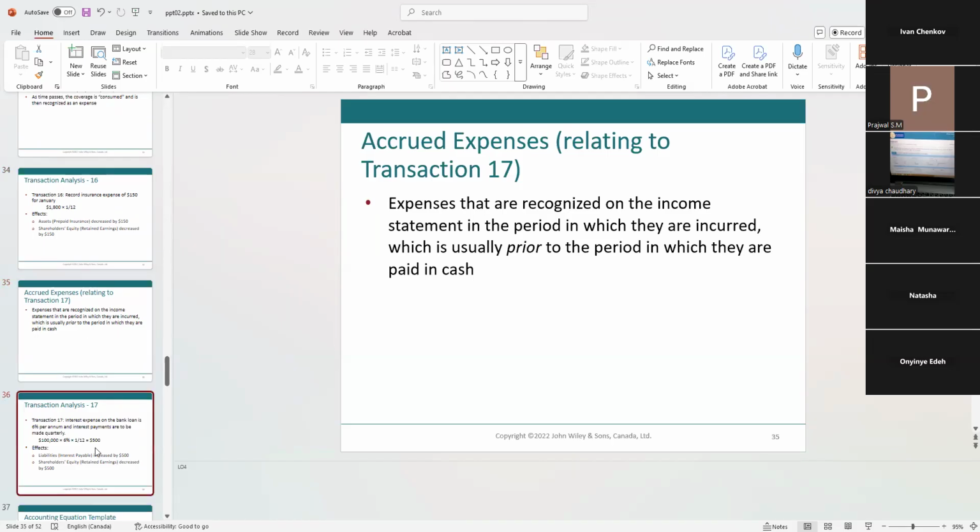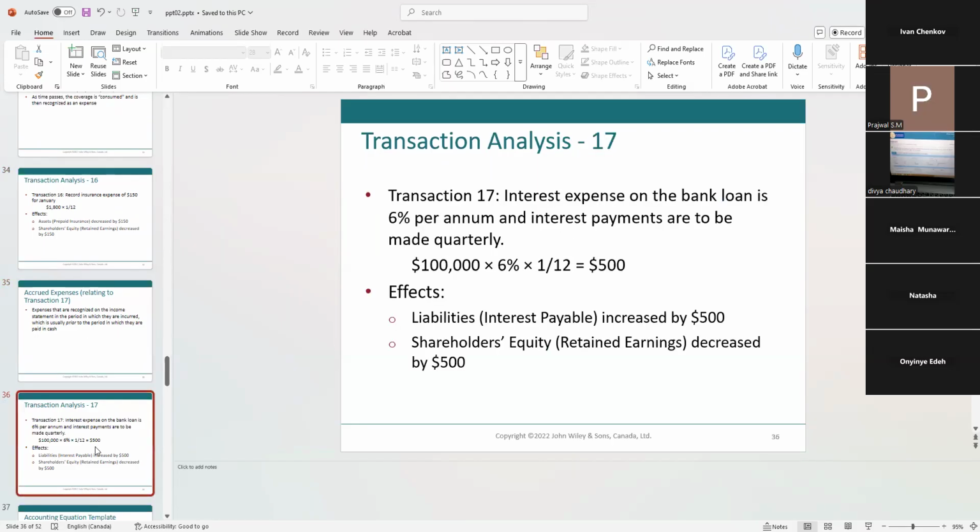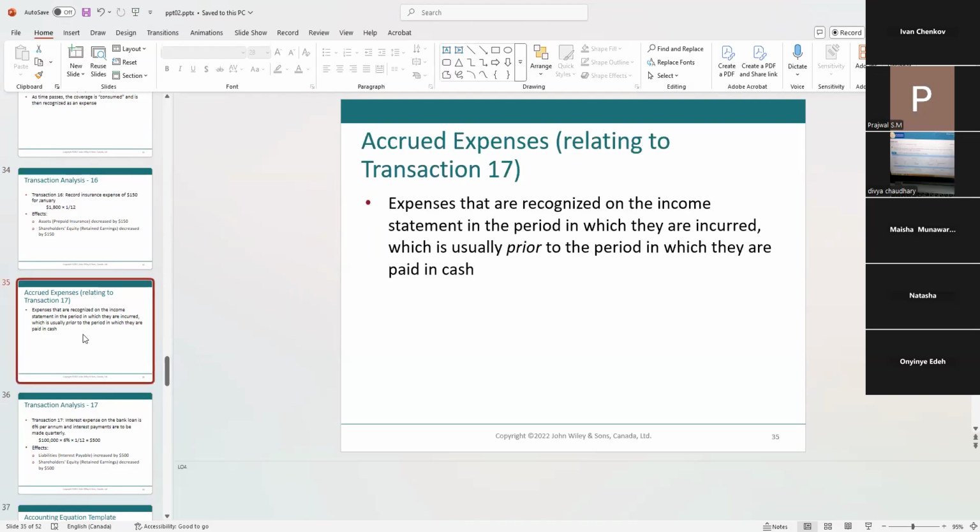Accrued expense. That will be the interest. Which interest is that? Let's go and check what happened with the bank loan. Let's copy this and move it to the new worksheet. Not that way, I want it this way.